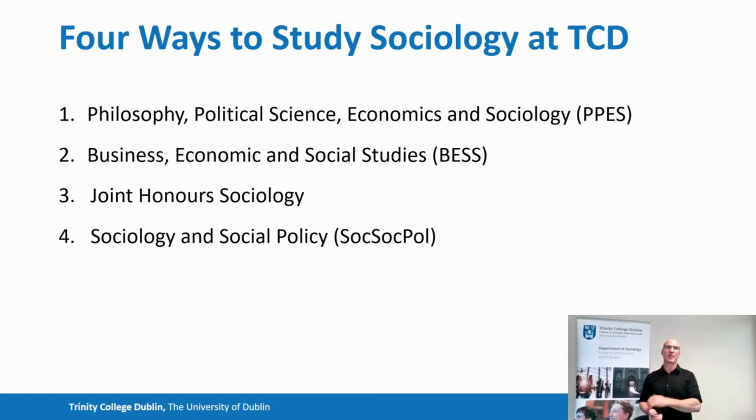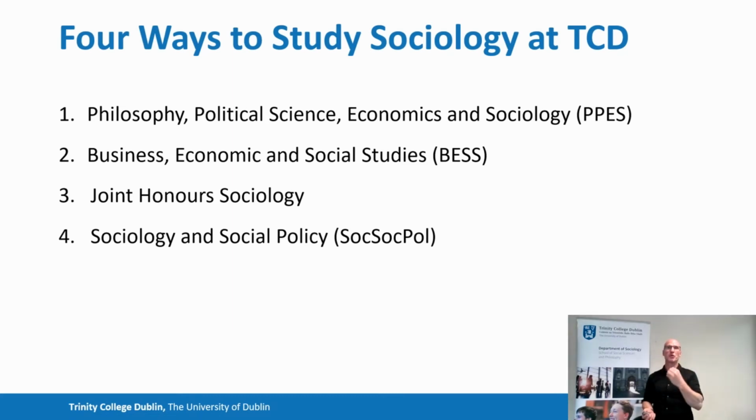change occur. These 4 different programmes each have components of sociology in them, but notice you can combine different disciplines within them. You can combine sociology with philosophy, political science and economics in PPES, and you can combine sociology with business in BESS. So this is really important.